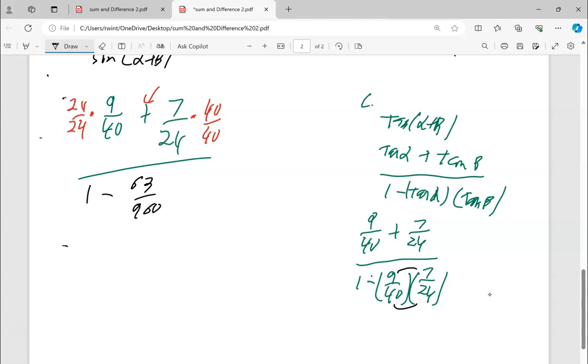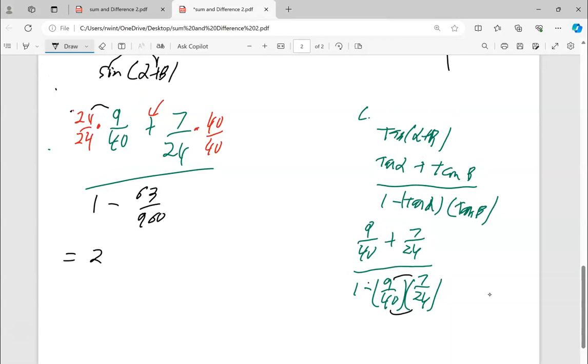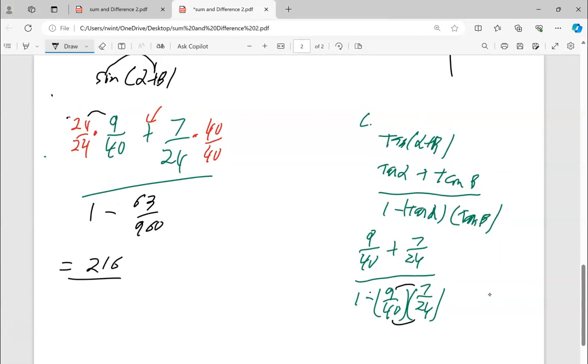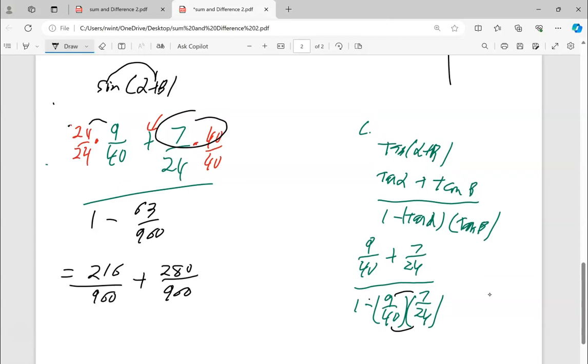So let's see what we're at right now. 24 times 9 is 216. And 24 times 40 is 960. Plus 280 over 960. So this has a 960 on the bottom.